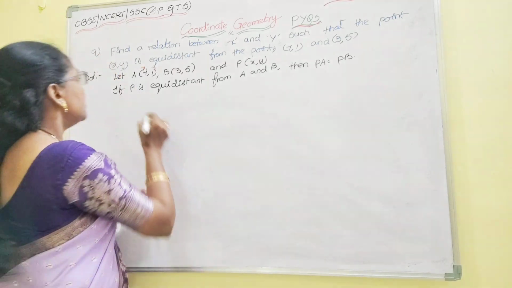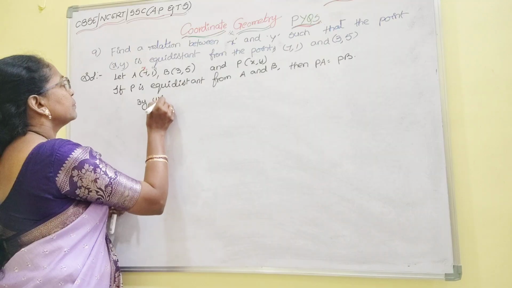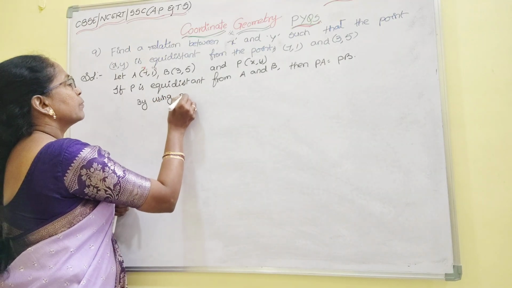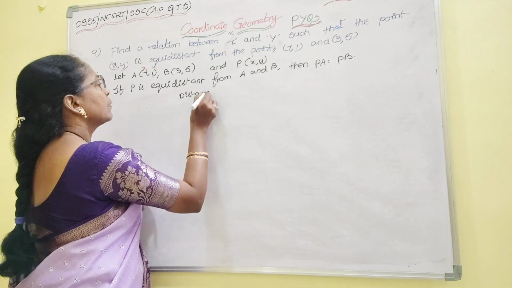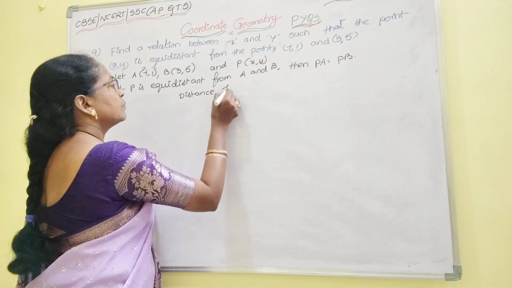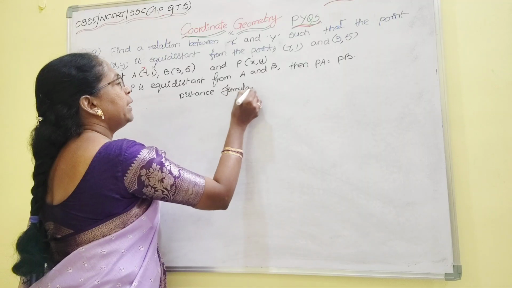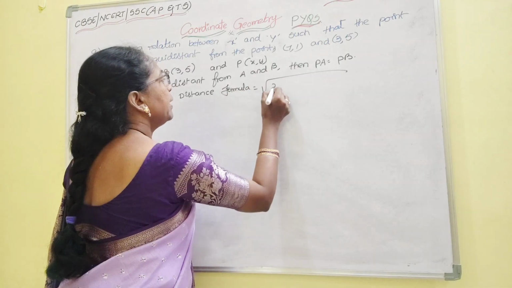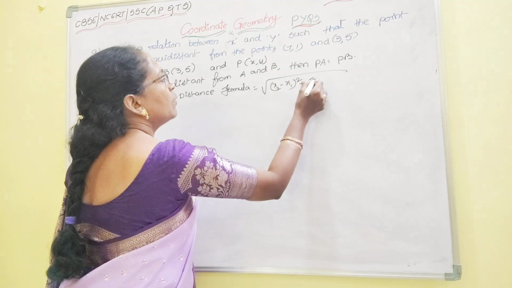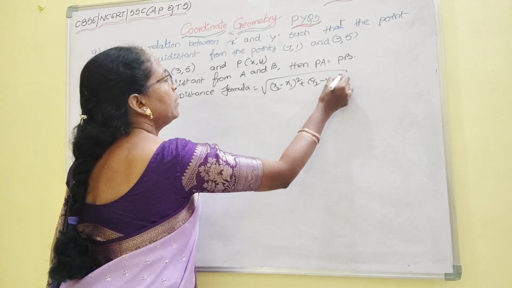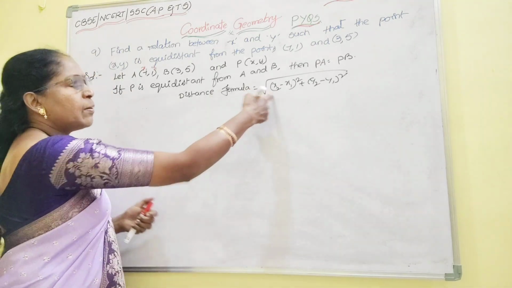Now by using the distance formula, or directly you can write the distance formula: distance equals square root of (x2 minus x1) whole square plus (y2 minus y1) whole square. This is the distance between these 2 points. The distance formula is this one.